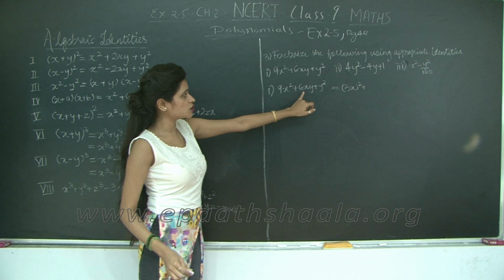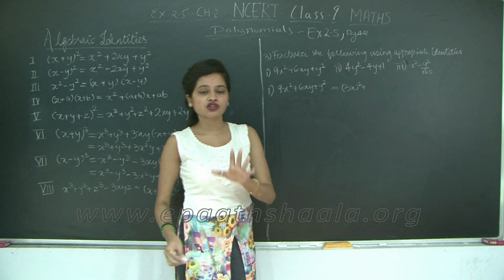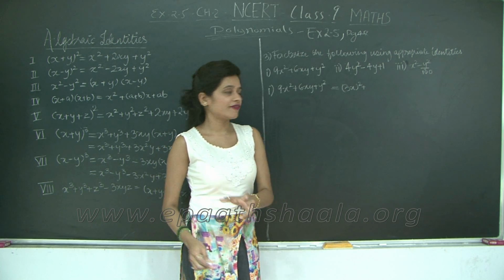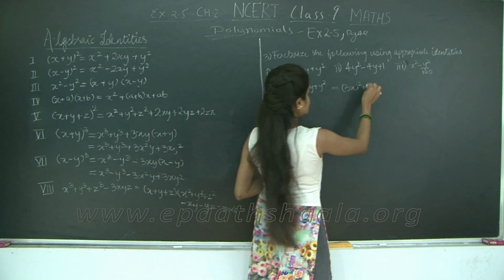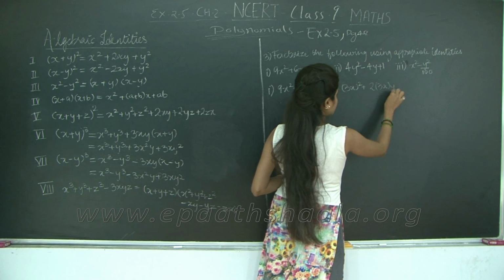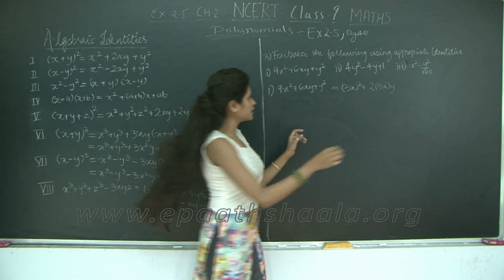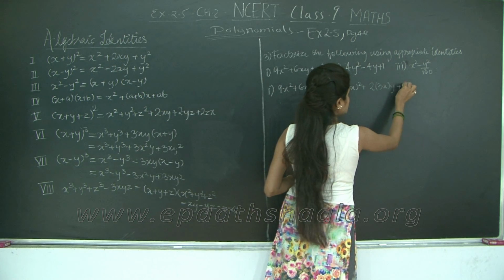So I need to split 6 into a product of 3 factors, which is 2 and a value of x and a value of y. So this is going to be 2 into 3x into y. Does this resemble 2xy over here? Yes, it does. And then we finally have y square.